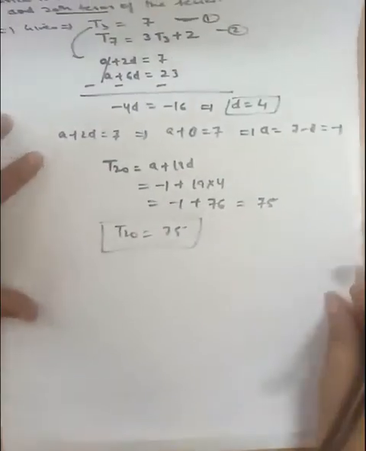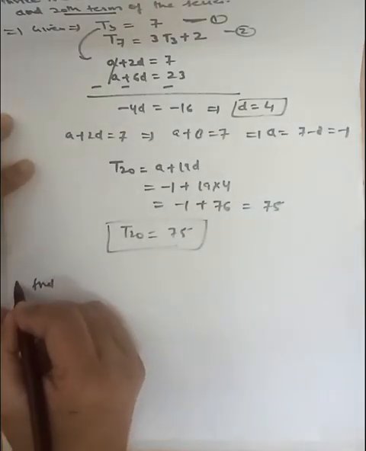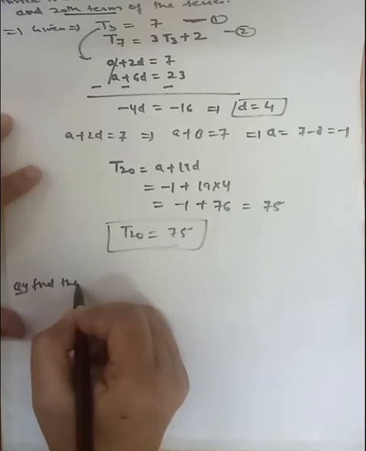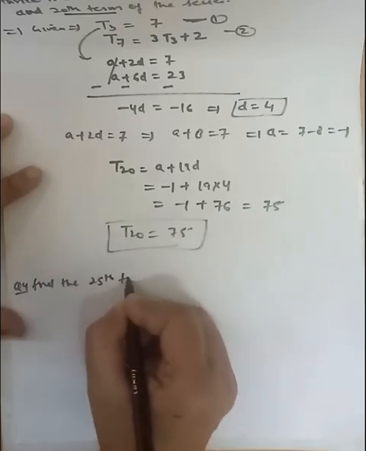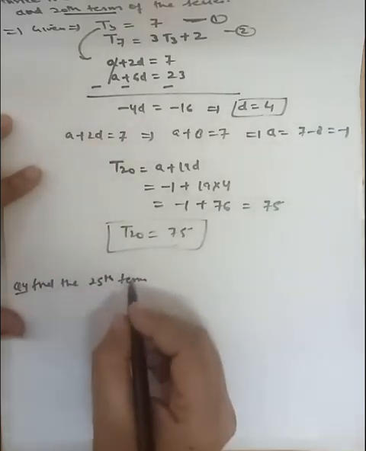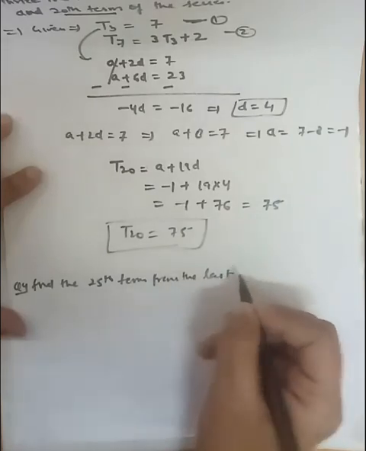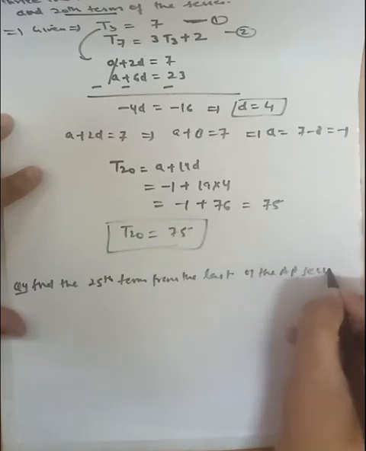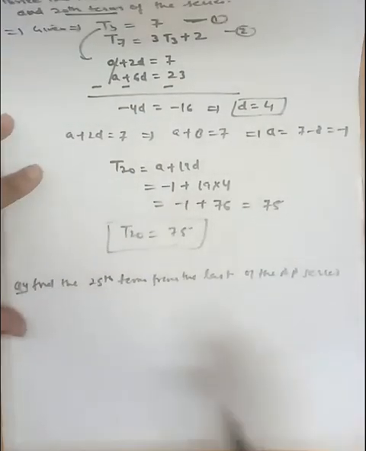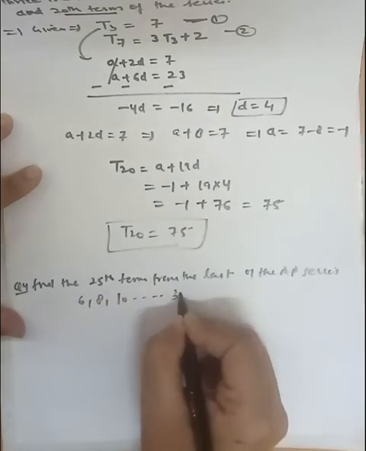Now the next question, question number 4. Find the 25th term from the last of the AP series 6, 8, 10 up to 304.